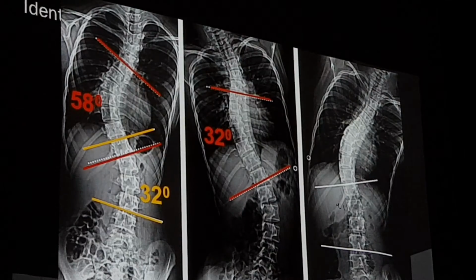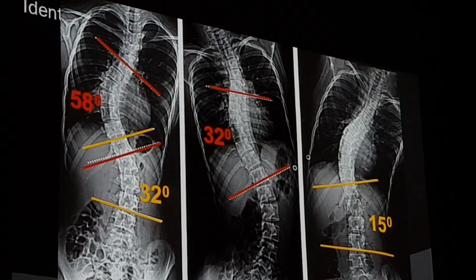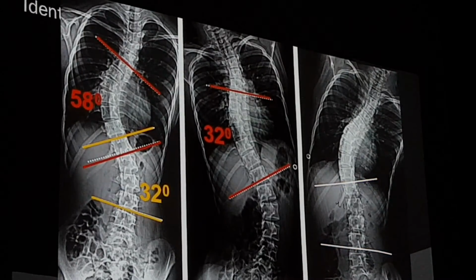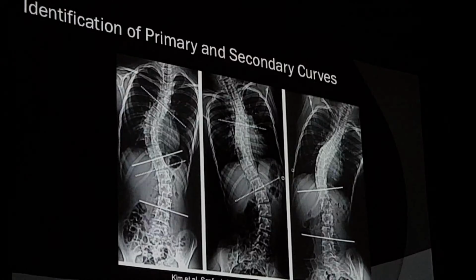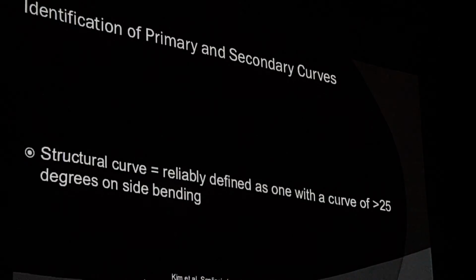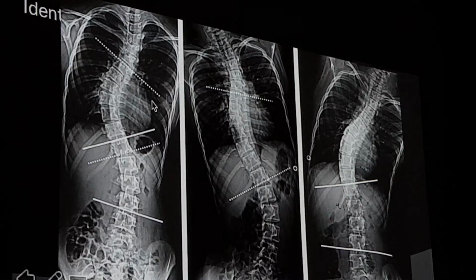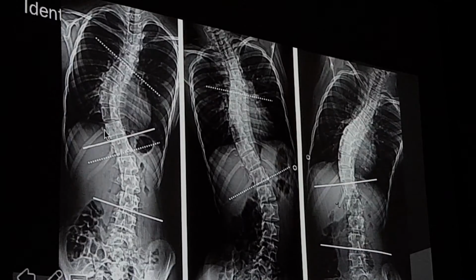That's 32 degrees. On leftward bending, it becomes reduced to 15 degrees. So, going back to the definition, 32 is still more than 25. So the primary curve, the structural curve, is this one. It's the rightward curvature of the thoracic spine.